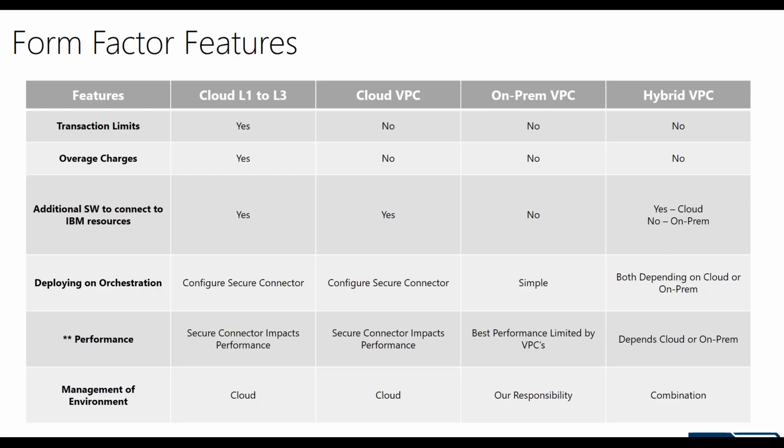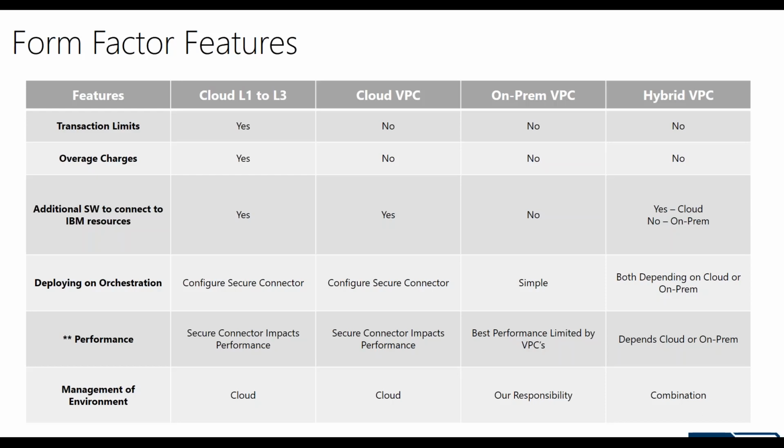And deploying of orchestrations is very simple for the on-prem hypervisor edition. For the cloud, again, it's pretty simple. But if you want to connect to your on-prem database from cloud, then you would have to install secure connectors in your on-prem database, and then use that channel for data transfer.